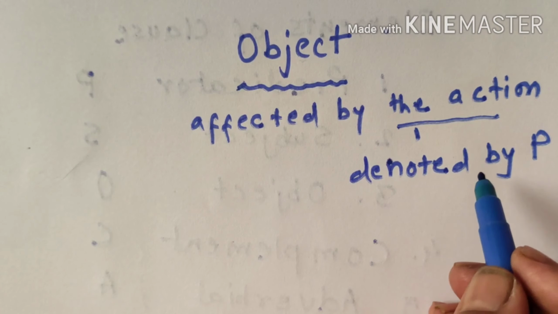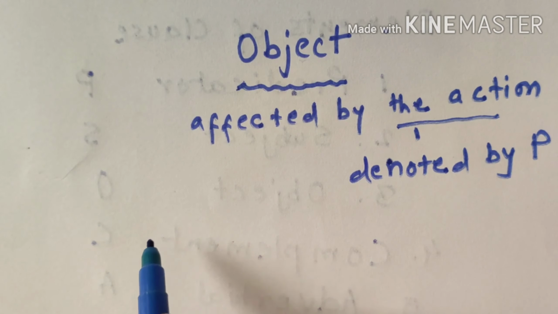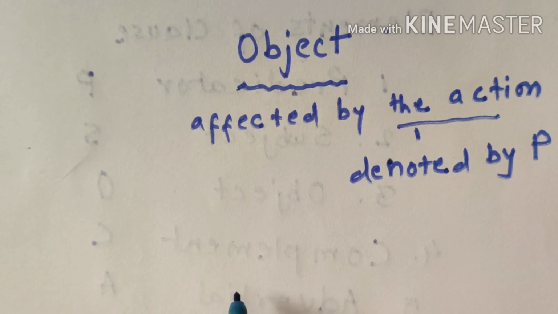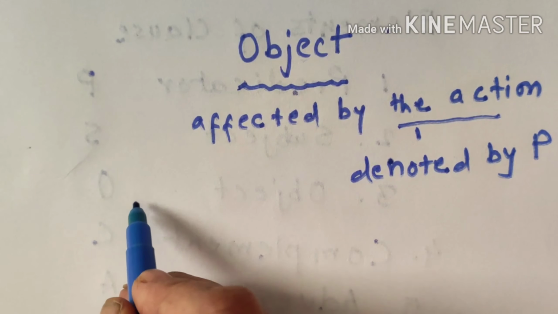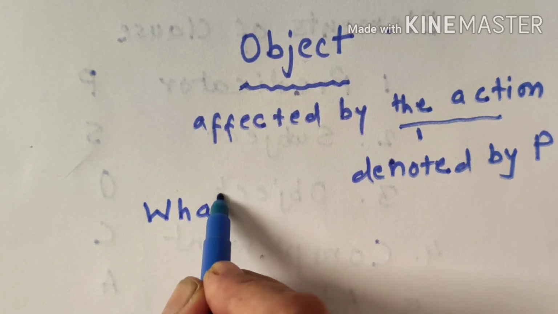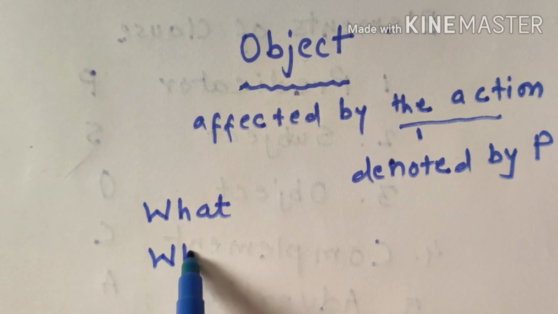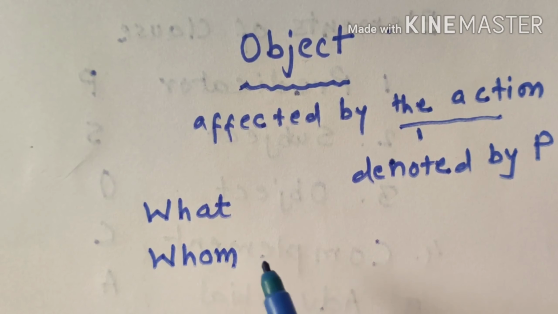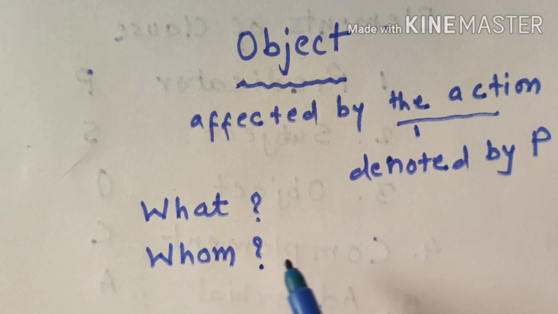Now how can we get the object of the sentence? A very simple test can be used, that is the question test. You can ask the question what, or you can ask the question whom. Now why these two types of questions?